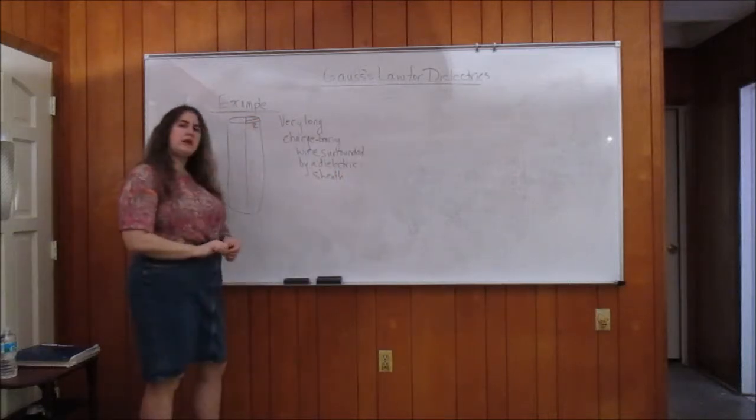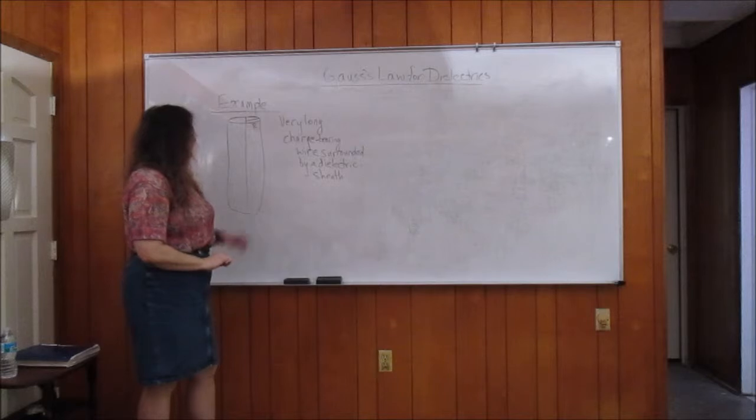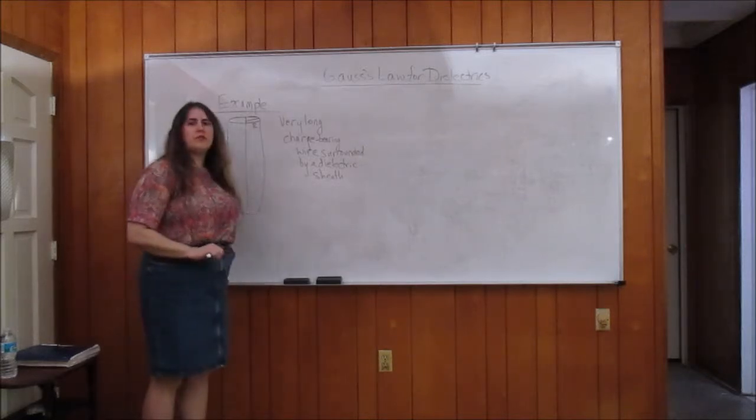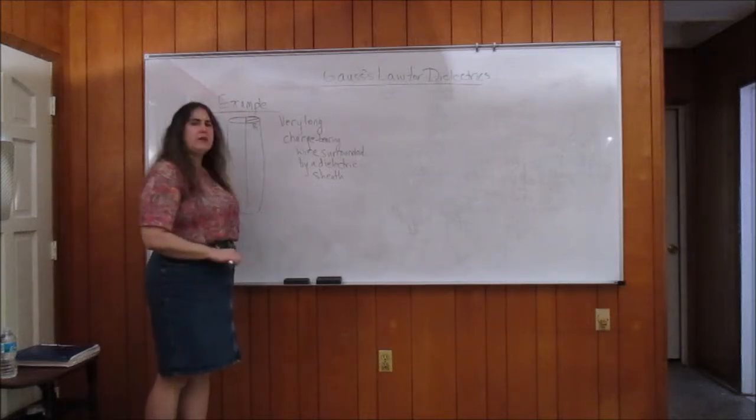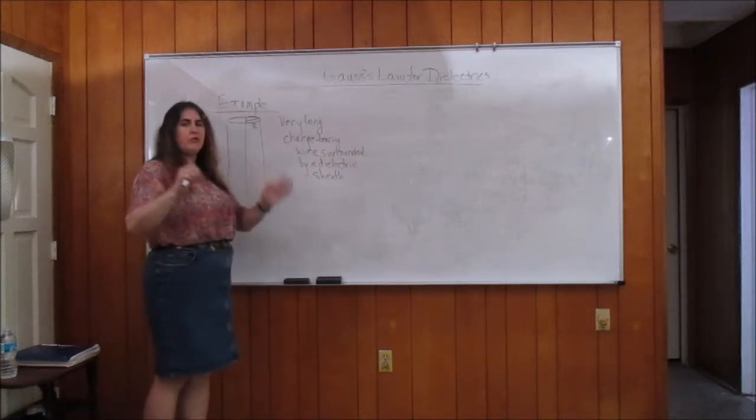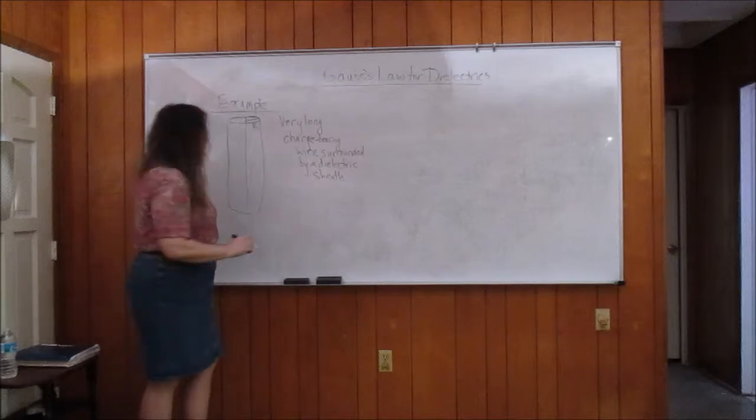And we'll suppose that the radius of that sheath is capital R. I want to apply Gauss's law for dielectrics to figure out what's the electric field, what's the displacement, and then what's the electric field.